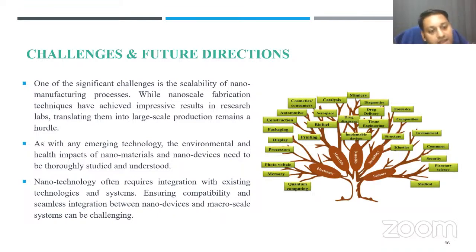As with any emerging technology, the environmental and health impacts of nanomaterials and nano devices need to be thoroughly studied and understood. There is a separate branch that has evolved recently, called nanotoxicology, which is the interaction of the nanomaterial with biological species.